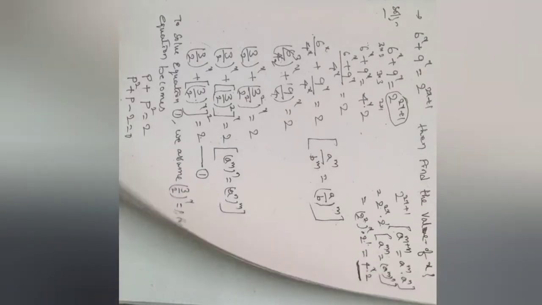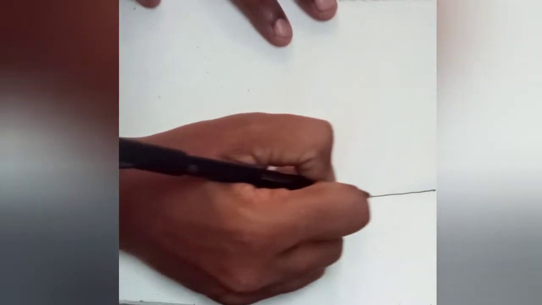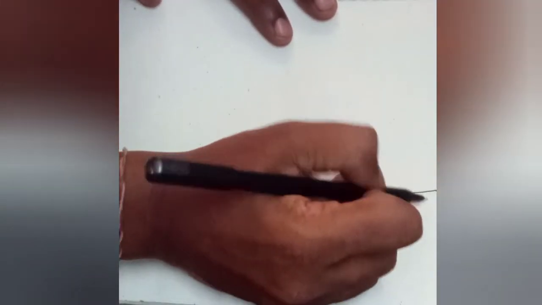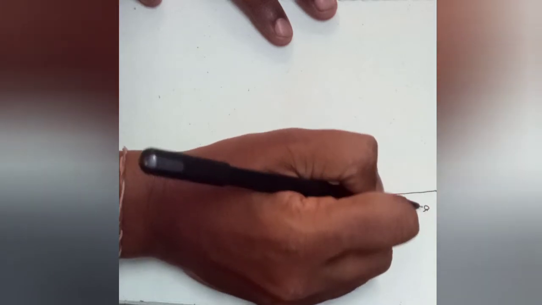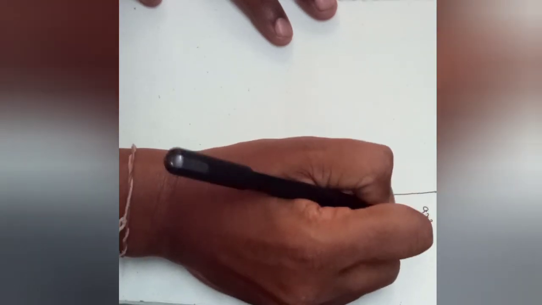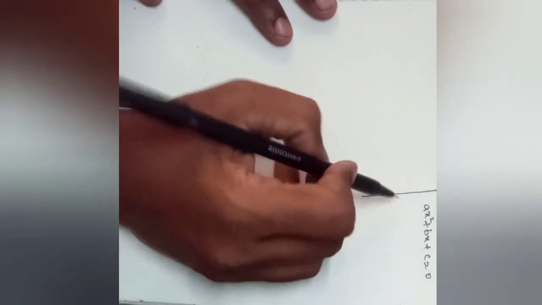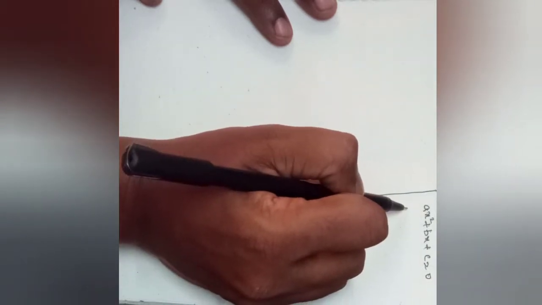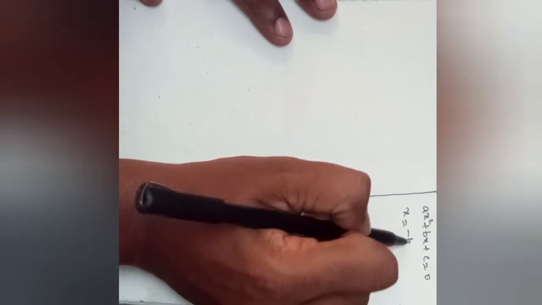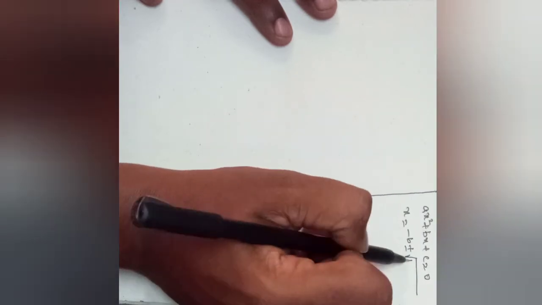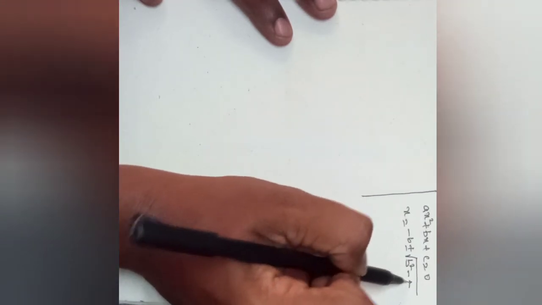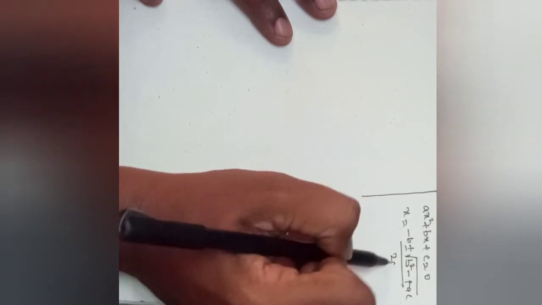So I'll just briefly explain the quadratic equation. If a quadratic equation ax square plus bx plus c is equal to 0, the roots of x will be minus b plus or minus under root of b square minus 4ac divided by 2a.